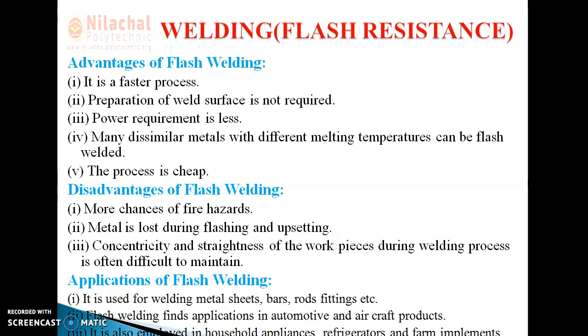So let us discuss some disadvantages. There are high chances of fire hazard here also, because when this flash or spark is generated, and as we know the cross-sectional area is very small, some metal can be upset or cut from the workpiece, and may stick to the body of the welder.